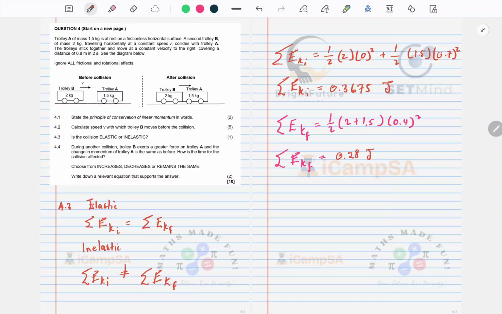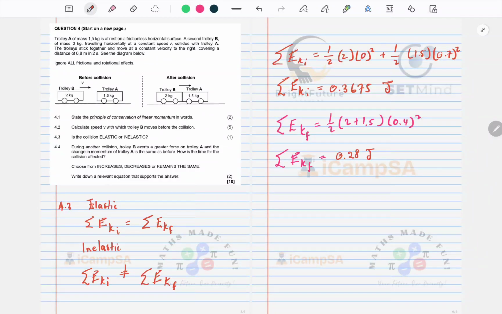Okay, this is what my calculator is giving me. The initial kinetic energy is 0.3675 joules, and the final one is 0.28. So that means kinetic energy was lost here. We moved from this and it decreased to this.